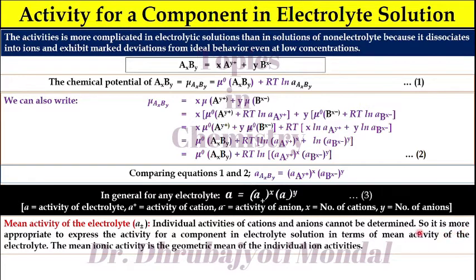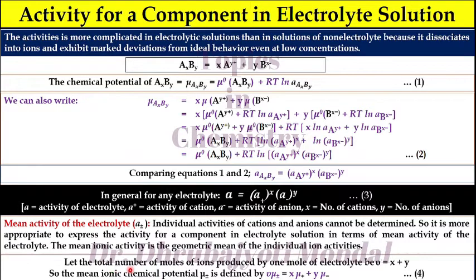So it is more appropriate to express the activity for a component in electrolyte solution in terms of mean activity of the electrolyte. Okay, the mean activity is the geometric mean of individual ion activities. So always remember, mean ionic activity is the geometric mean of the individual ion activities.